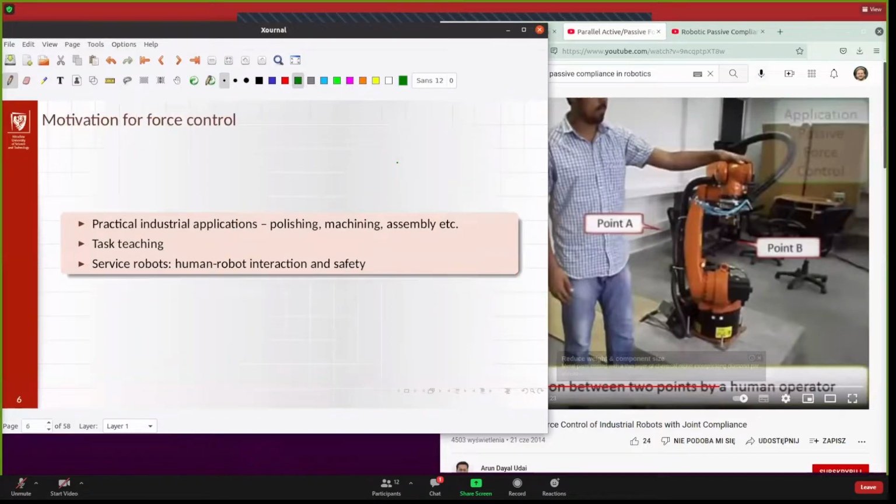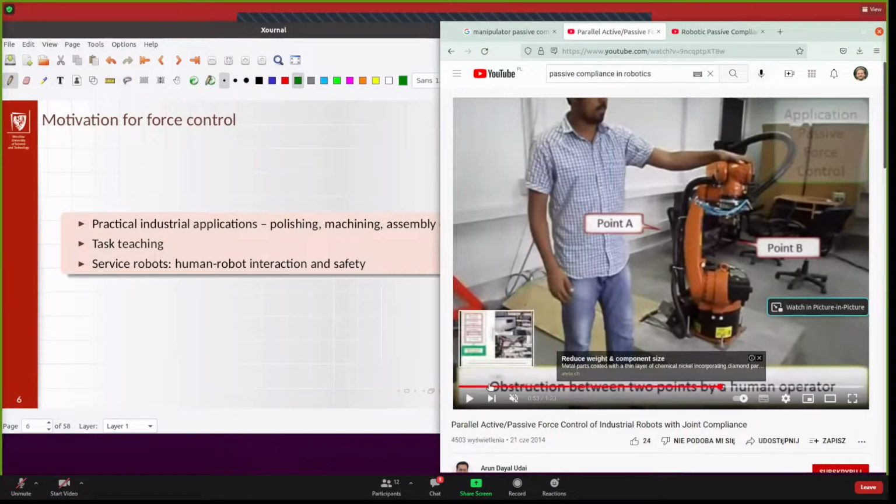Before we go further, I would like to show you some examples so we can see how it looks like in practice for different types of the robots.